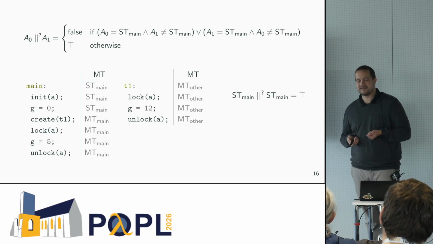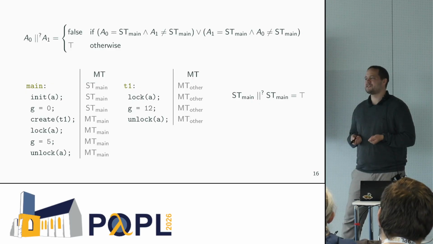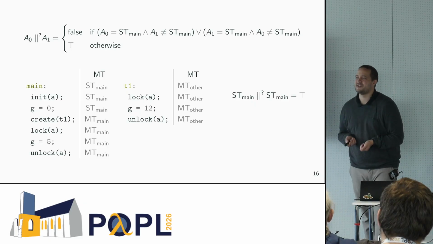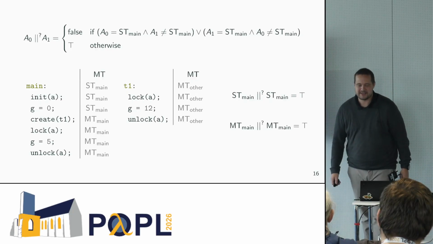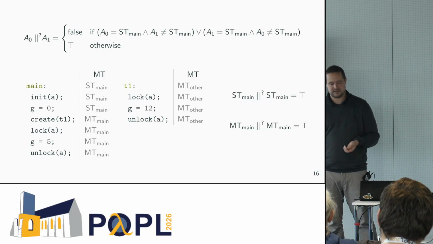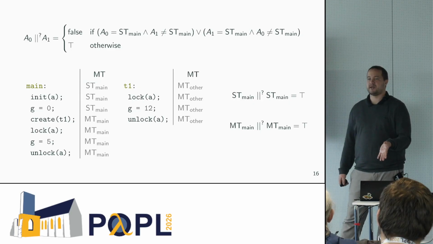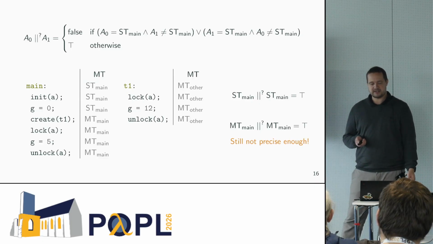The single-threaded main thread, according to our predicate here, races with itself, which in some sense is logical, because we constructed it from answering questions about, can we read values that were written by this thread? And yes, of course, I can read values that were written by myself before. So this here will give us top, and the same for the main thread in multi-threaded mode. We will also say that it might potentially race with itself. So this is why this definition here is not completely satisfactory yet.